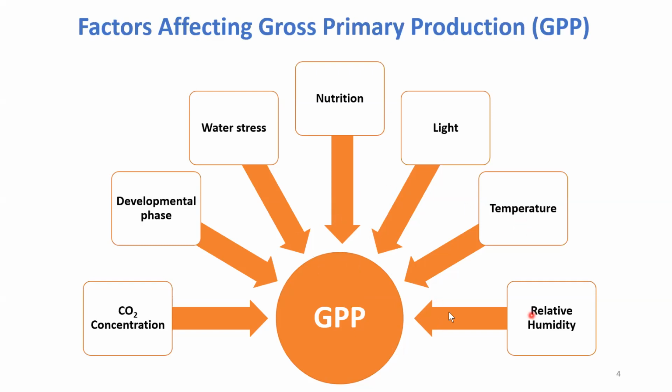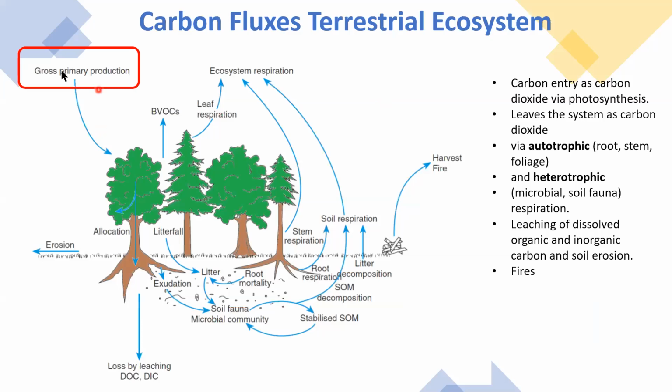Temperature, relative humidity, and water stress have an impact on gross primary production, because this impacts photosynthesis, since gross primary production means the carbon dioxide coming in through photosynthesis.